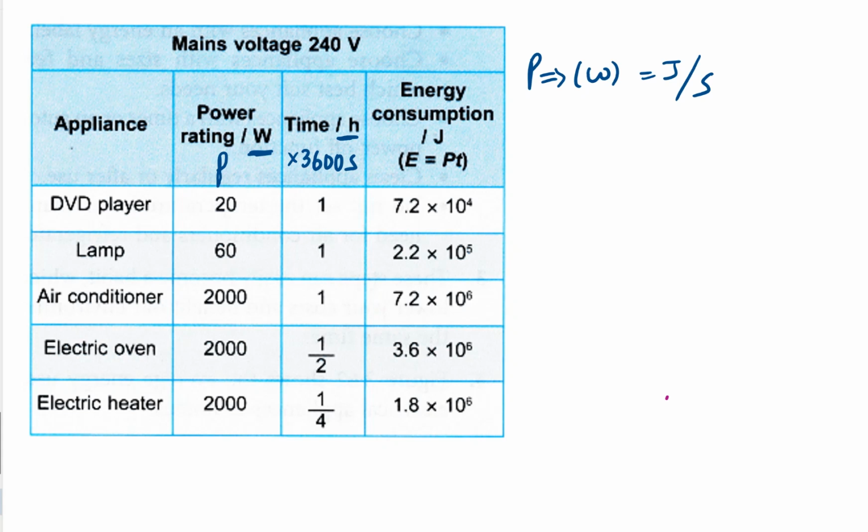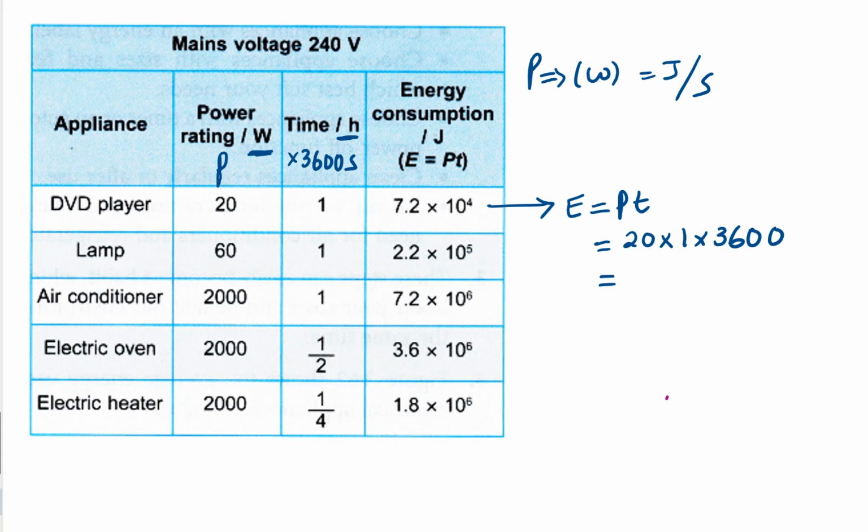Now, for example, look at the first appliance, which is the DVD player. If you have to find out the energy consumption or the energy transformation that has taken place, you need to multiply power by time. Power is 20 and time, you just calculated, is 1 into 3600.